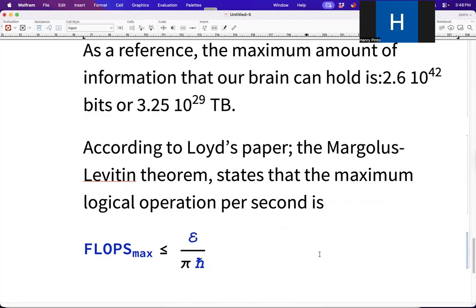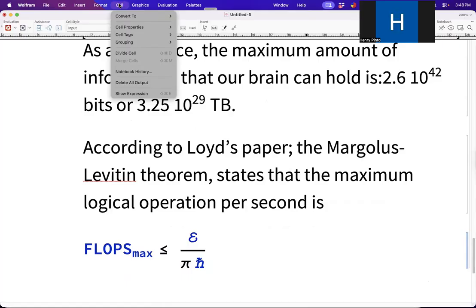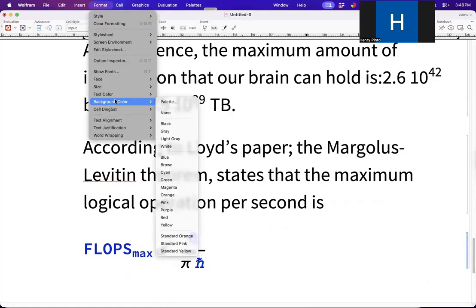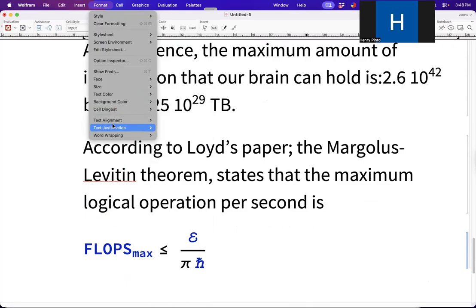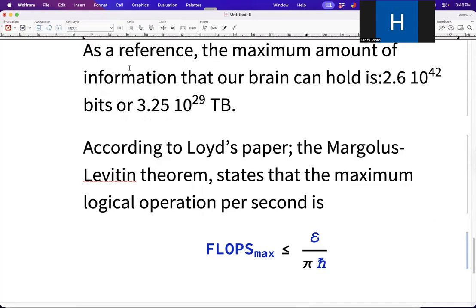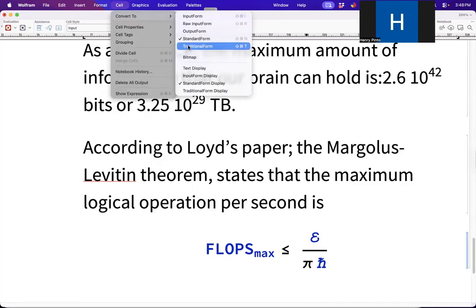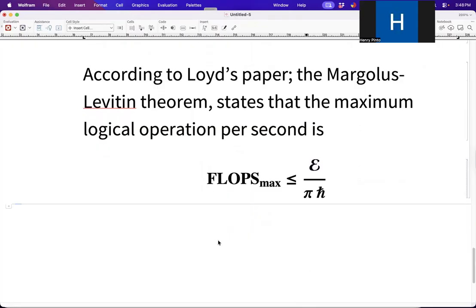This is the maximum logical operations, floating point operations, right? According to the Margolus-Levitin theorem, you have the energy of your system, and the maximum computation, the operations it can make, depends on this. Okay, so that's it.